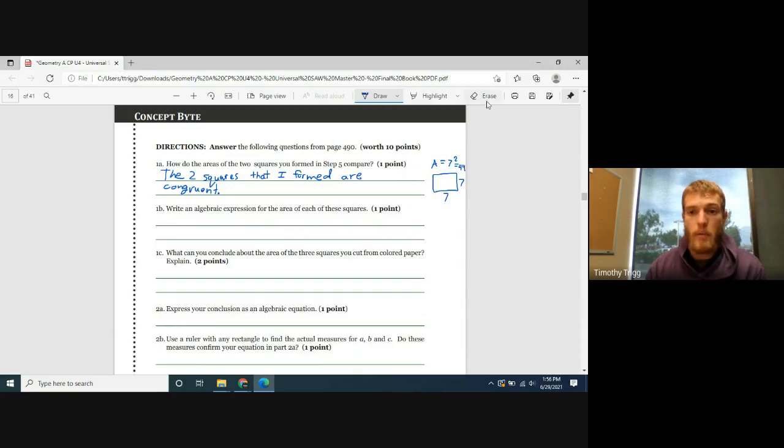Now, our square that we formed has each length a plus b, remember? So what would be the area of this? Well, the area would be a plus b squared. A plus b squared.